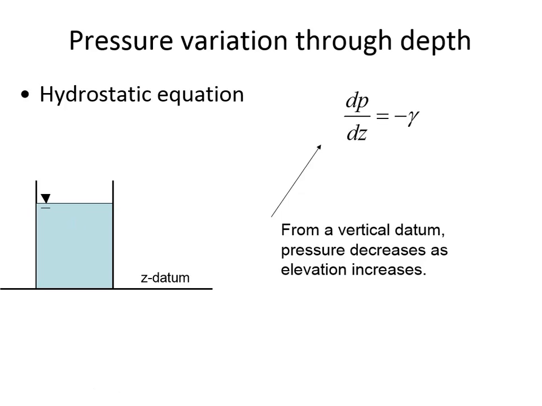So dP is equal to dZ times negative gamma. So if dZ is going down, so if I have a decreasing dZ, so a negative dZ, multiplied by negative gamma, that means that the pressure will be increasing at a rate of 9810.